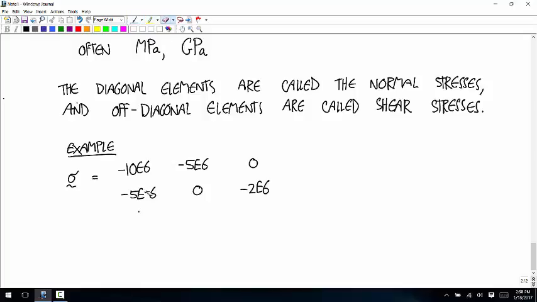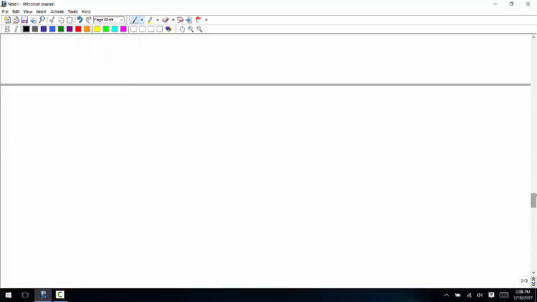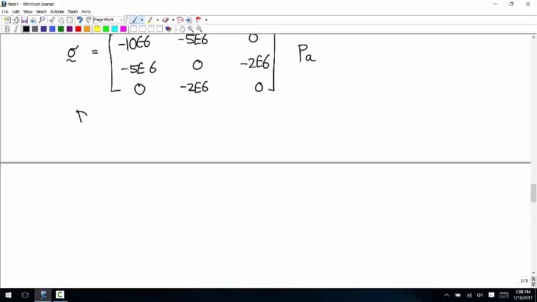That shouldn't have been negative; that should be positive 10 to the 6. And then the last row, we have 0 due to symmetry, negative 2 times 10 to the 6, and then 0. All of these elements have units of pascals. And we just want to draw the stress element representing this state of stress.